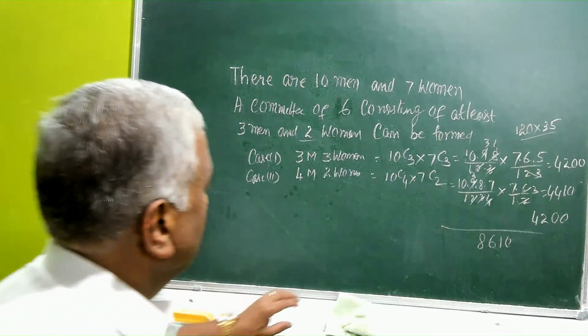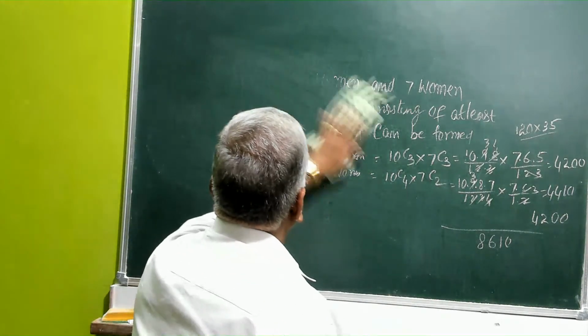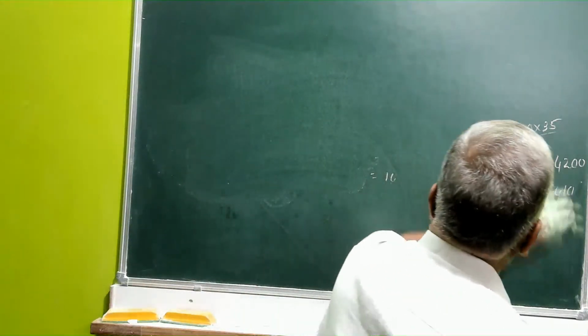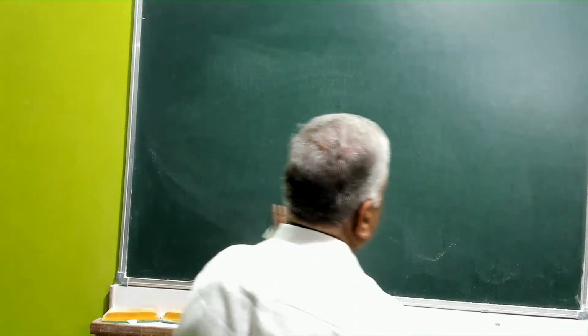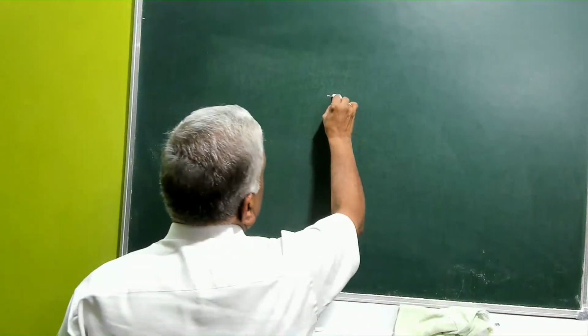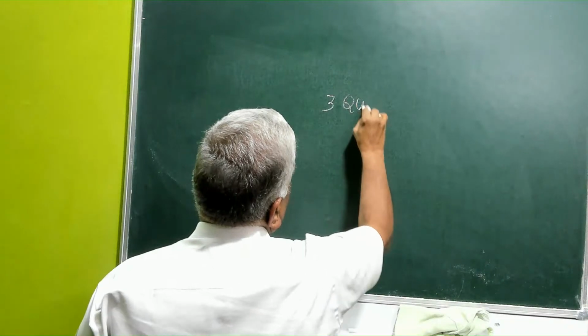Now, we will work a similar problem, but instead of a committee, we will have a different concept. Of course, the concept is the same, the wordings are different. In an examination, there are 3 multiple choice questions to be answered.